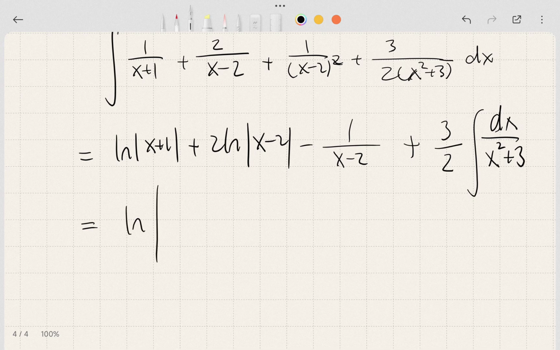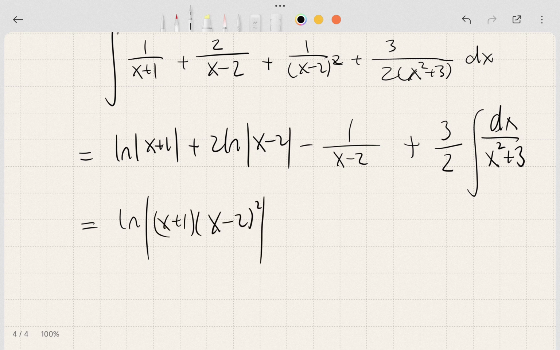So together this would be ln of x plus 1 times x minus 2 squared, I think, minus 1 over x minus 2.